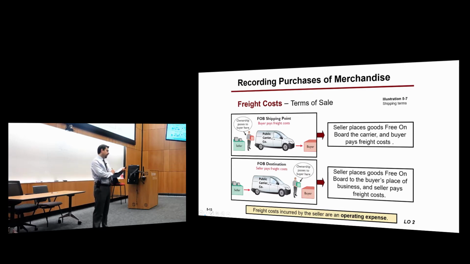Okay, so in this case, when the company receives the product FOB shipping point, it means that they are paying for that shipping. In this case, it is an expense, right? Right? Wrong. I just mentioned that it goes onto the inventory. It's not an expense. It is part of the inventory.